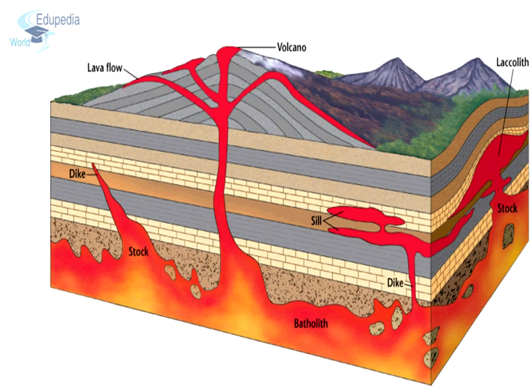A dike is a wall-shaped igneous intrusion that cuts across layers of sedimentary rock, while a sill forms due to the insertion of magma between layers of sedimentary rocks and subsequent solidification. A laccolith is also a large magma chamber which is of a mushroom shape.